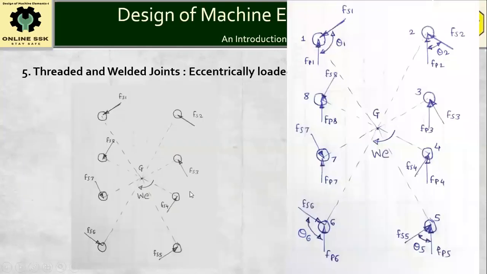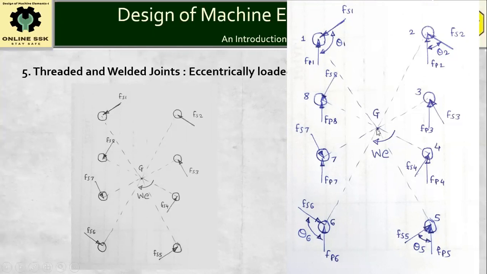Also, while explaining, I have told you that for finding out the critically loaded bolt, you have to take into account the furthermost bolts. Now in this case, 8 bolts are used in this assembly. Due to symmetry, we can directly locate the CG.